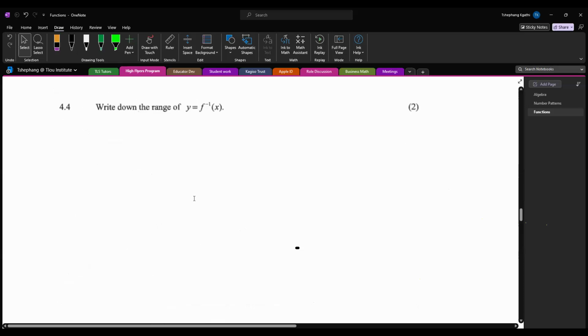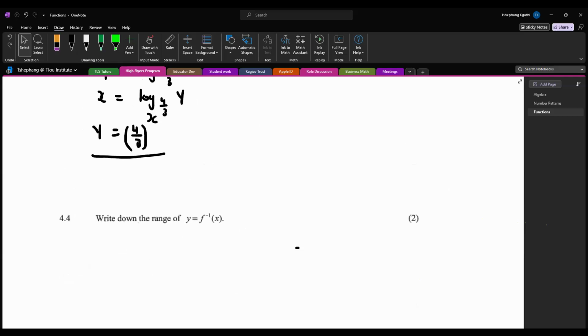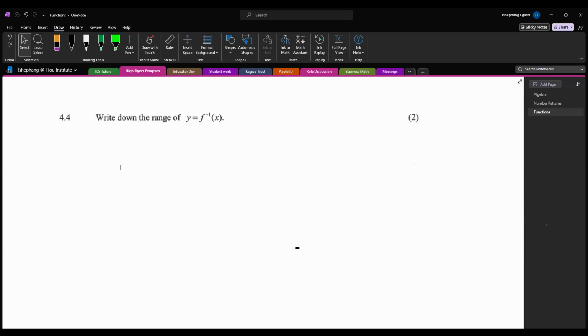Then moving along to 4.4. Write down the range of the inverse. I used to struggle so much with the range and domain of inverses. I always swapped the two around. Whenever they ask for range, I would give them the domain.